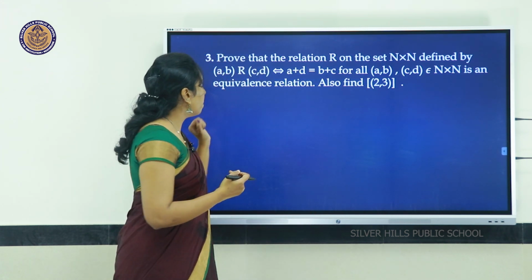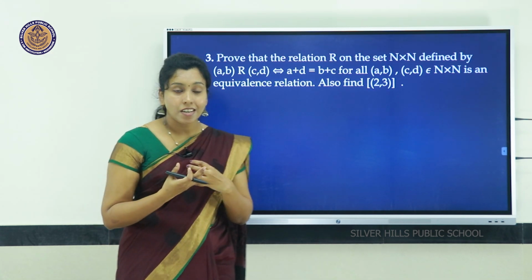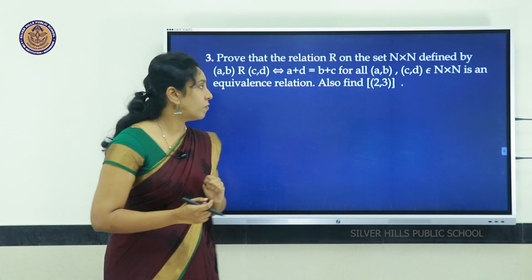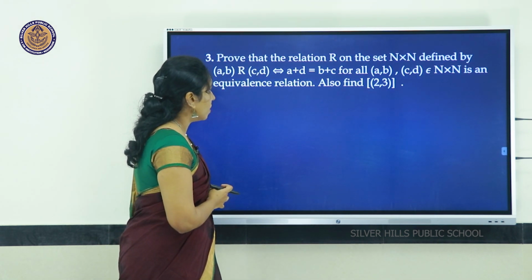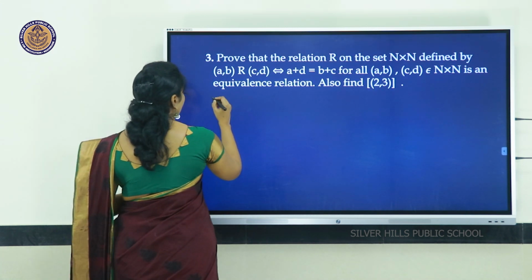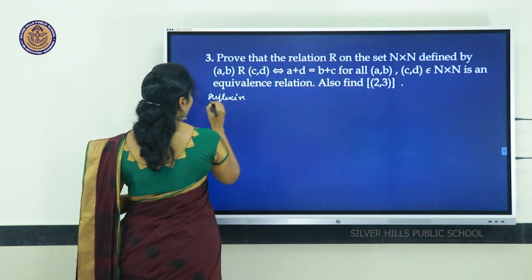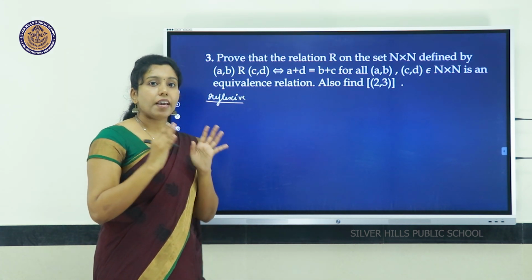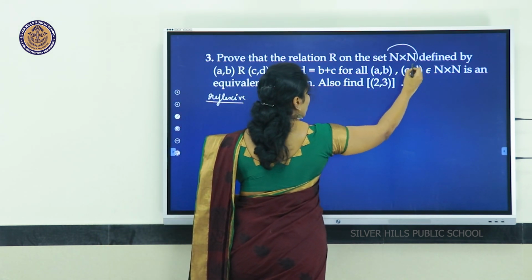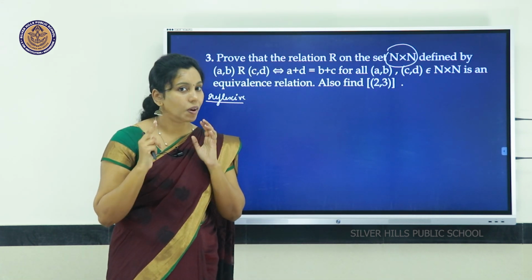But when compared to the previous questions, here the elements in the set are in the form of ordered pairs. So, we must be very careful when we prove the equivalence relation. So, anyway, let us start with the first one, that is reflexive. Usually we say let a belong to the set, but our set is N cross N. So, the members in N cross N will be in the form of ordered pairs.